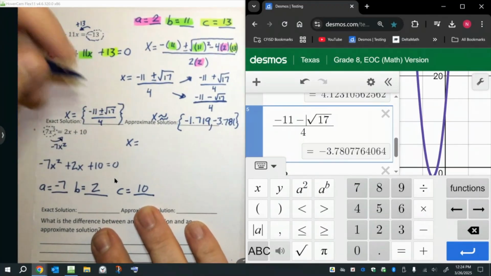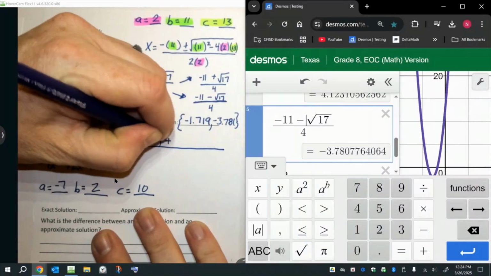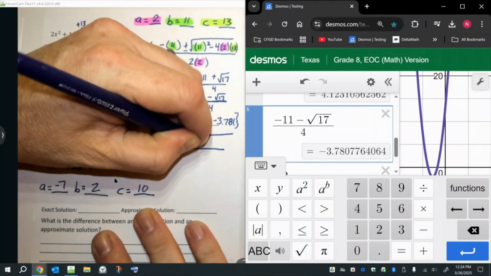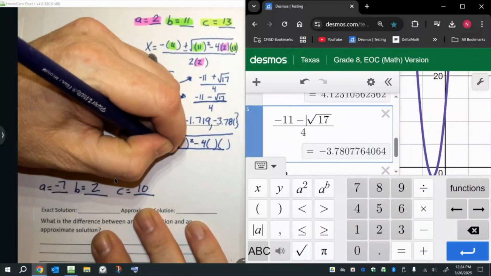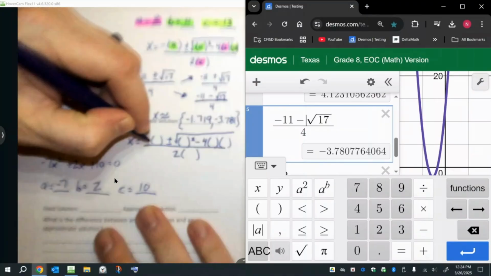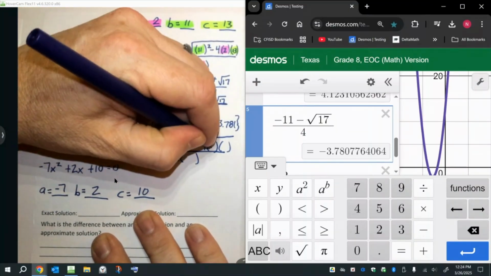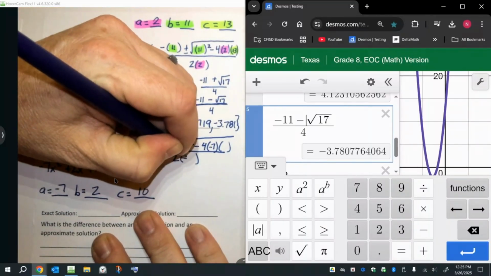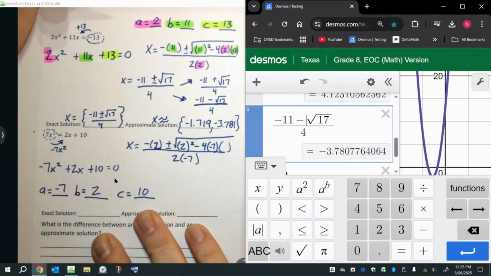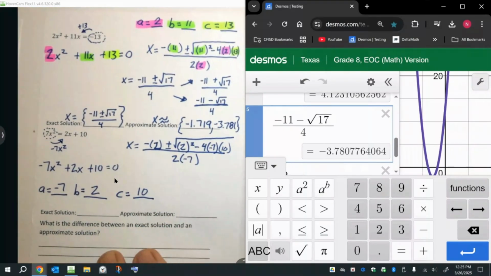X equals negative B plus or minus the square root of B squared minus 4AC, all over 2A. B is 2. A is negative 7. And C is 10, the weirdo.